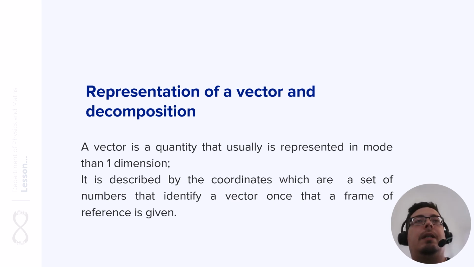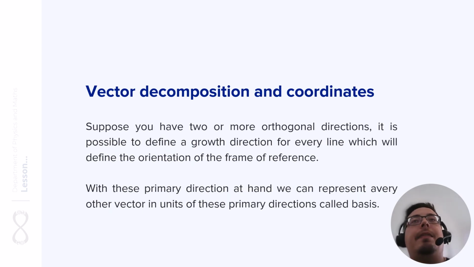Usually those components depend on the frame of reference, but once we define a frame of reference, we can construct all the vectors based on it. Once we have the orthogonal directions, we can find the components along them, which will be the numbers that identify the vector up to the observer.